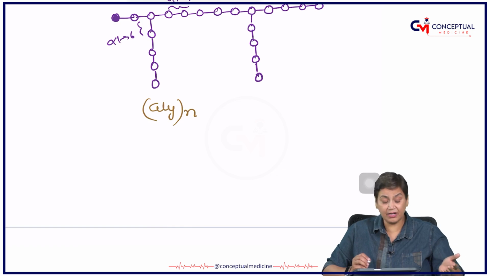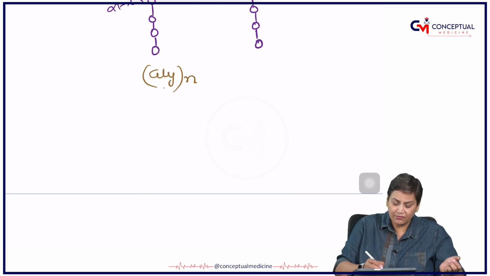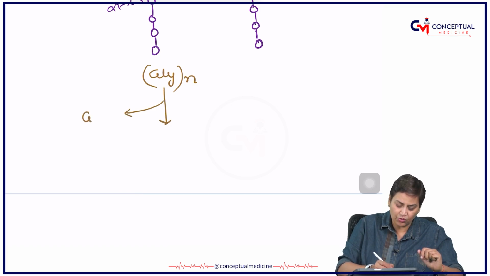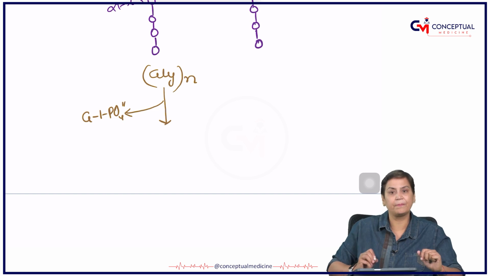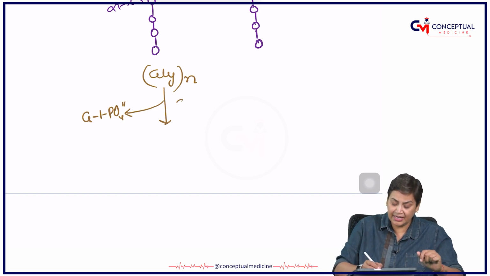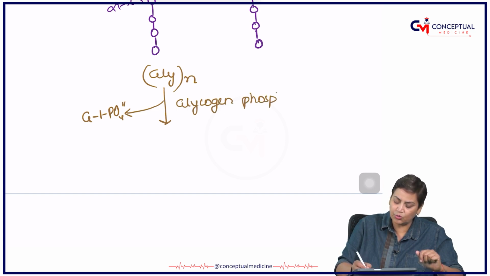It can have 100, it can have 200, it can have 300, varies from person to person. Now this glycogen will undergo phosphorylytic splitting, which means that one molecule of glucose 1-phosphate will be liberated, and the enzyme here is glycogen phosphorylase. Very, very important to understand.